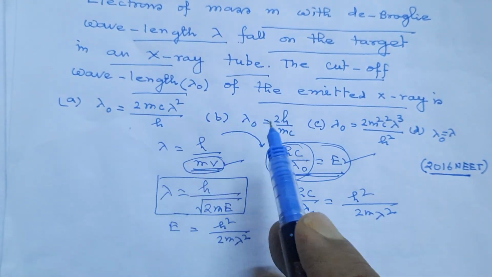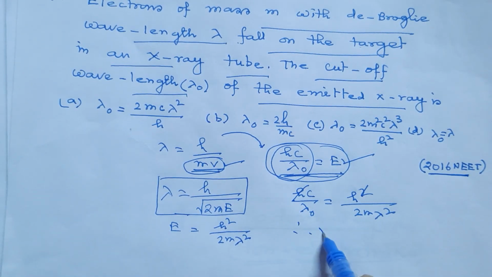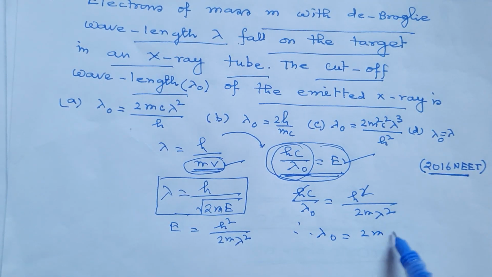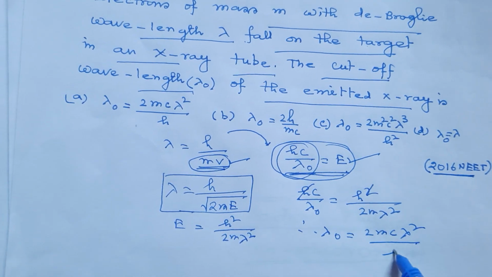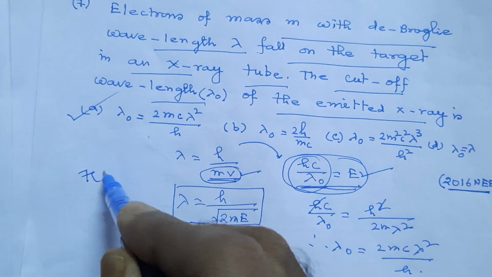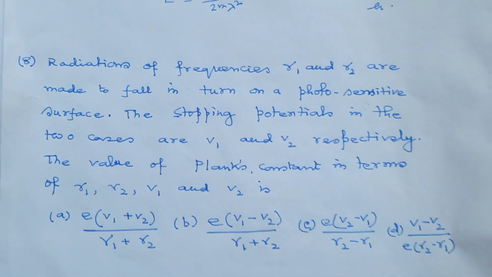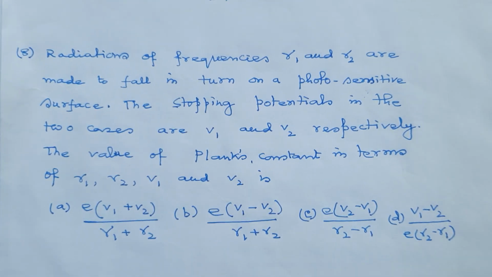The cutoff wavelength lambda 0 equals what? So lambda 0 equals 2mc lambda squared by h. That is option A, 7A is the correct option. Let us go to the next question, question number 8.